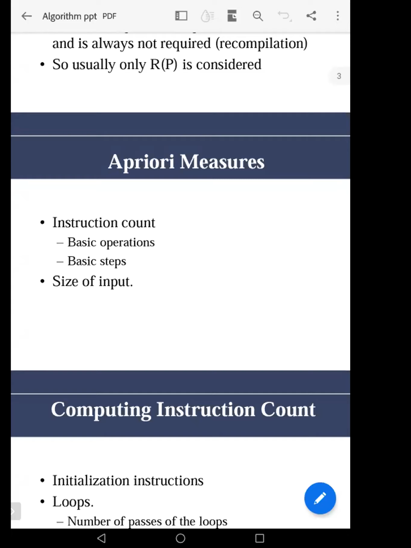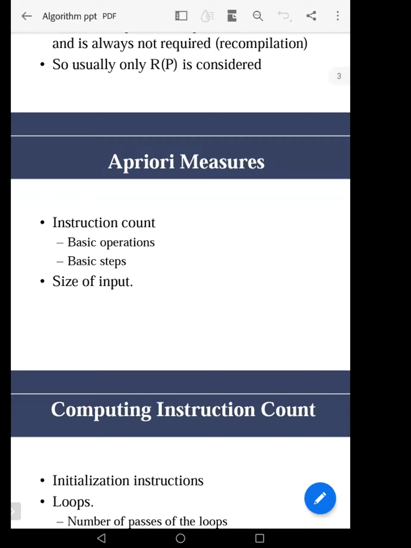Normally, for example, if we are talking about linear search, a simple example, which is the basic operation? We do not always find the total running time of an algorithm, because it is very difficult.